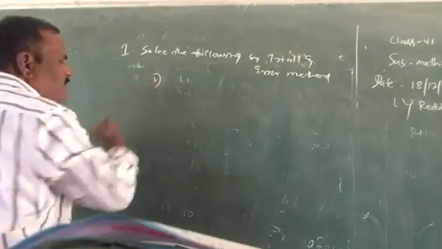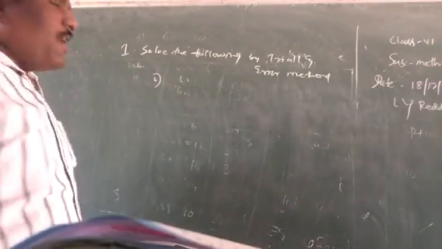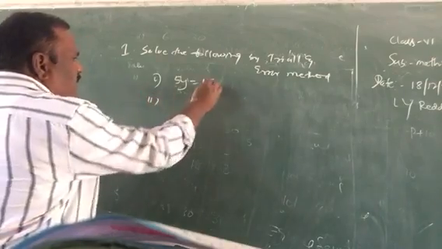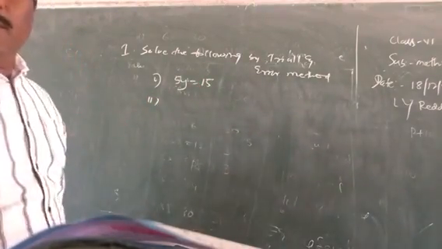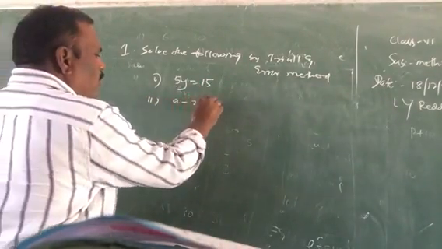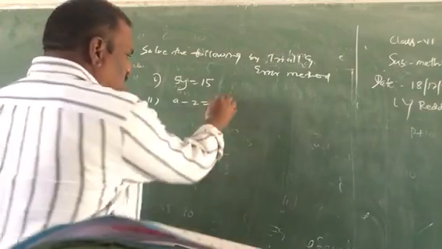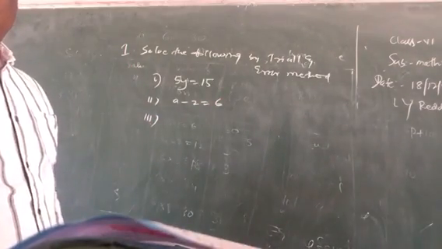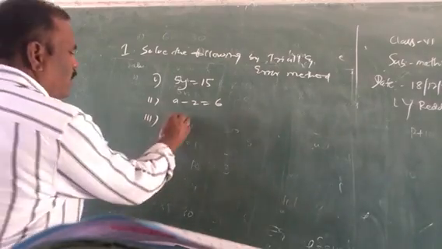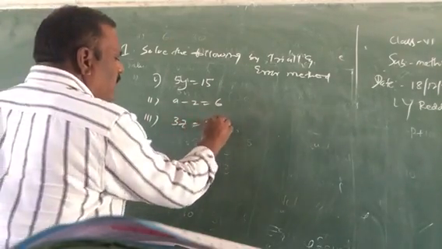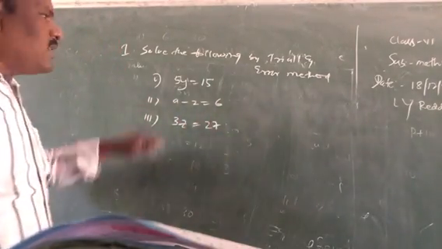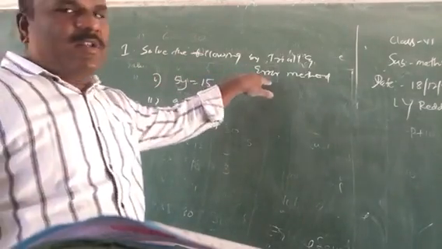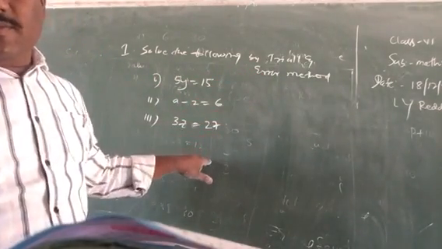First one, 5y equal to 15. Second one, a minus 2 equal to 6. And third one, 3z equal to 27. These are the sums you can solve by trial and error method in your classwork.